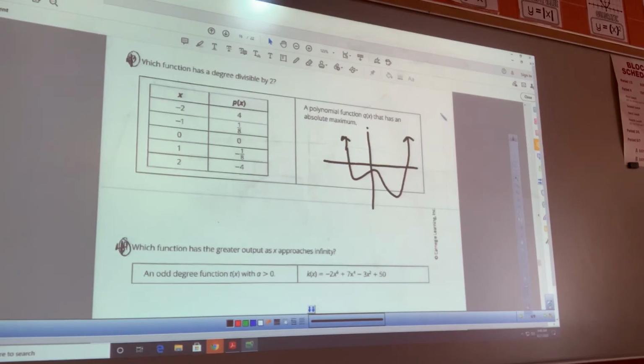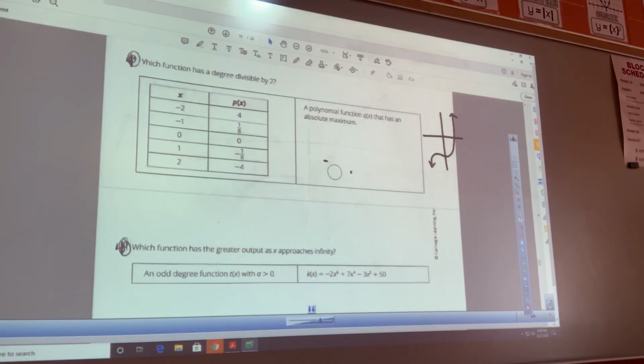Because if it were an odd degree, it would not. That has no maximum or no minimum. Oh, I drew this one wrong. Sorry about that. I drew it as a minimum, not a maximum. There we go. Still an even degree. So this for sure is even.